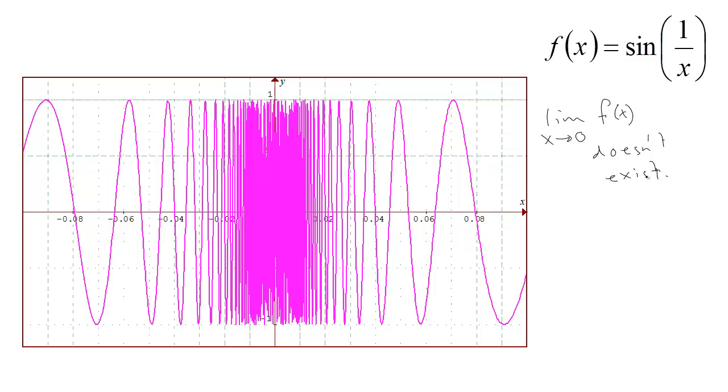You can't point to one number that the values are getting closer to. It's actually oscillating back and forth so rapidly that just knowing that the input is close to 0 doesn't tell you anything about where the output might be. So some of the outputs that are very close to 0 will be very close to 1, others will be very close to -1, others will be close to numbers in between. So we just don't have a limit here, and so f is discontinuous.